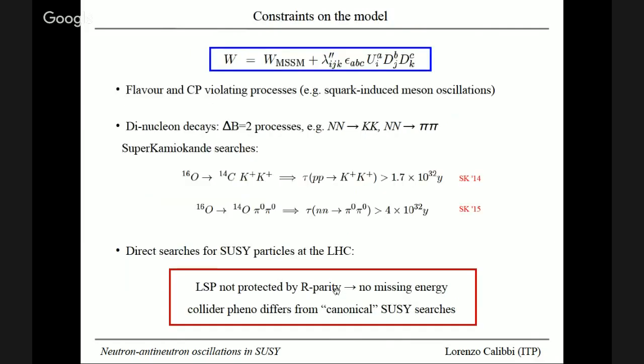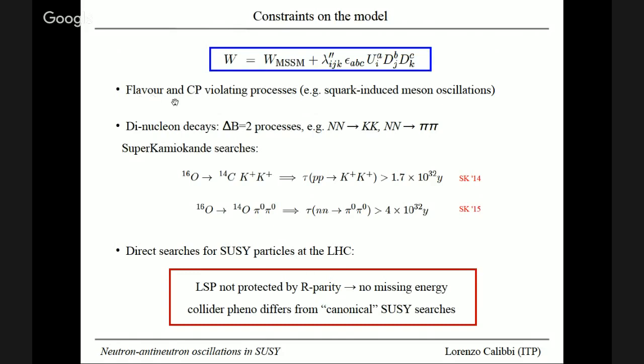So again, this is our model, and as I was mentioning, flavor violation will be required in order to generate an n-nbar oscillation. So a first constraint that we will have to take into account comes from flavor physics.